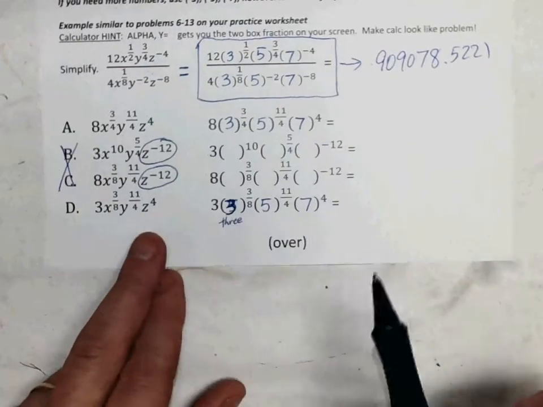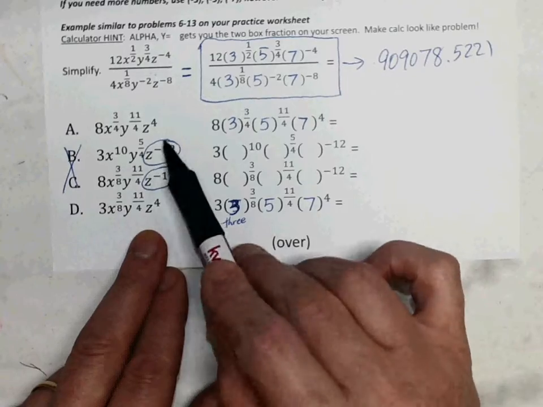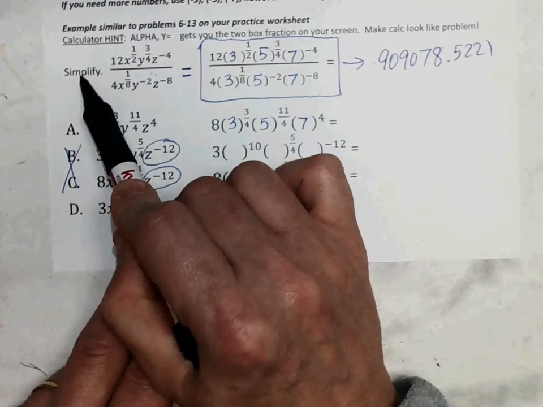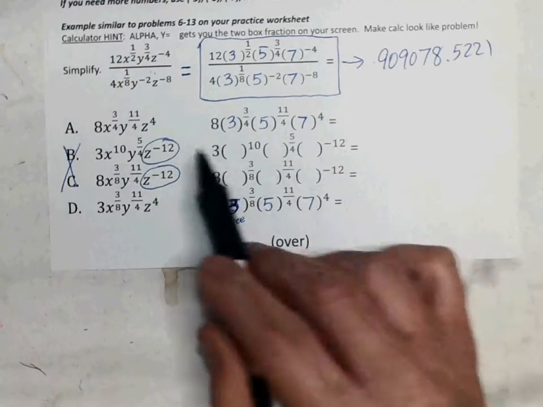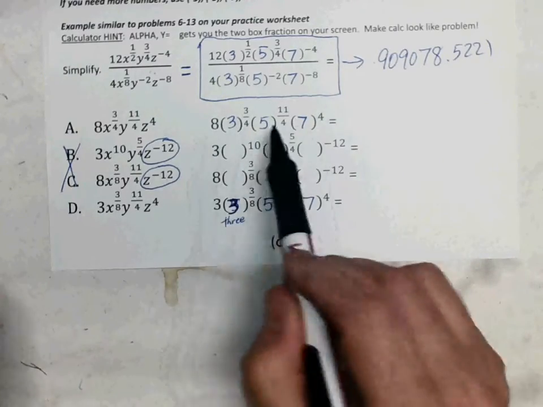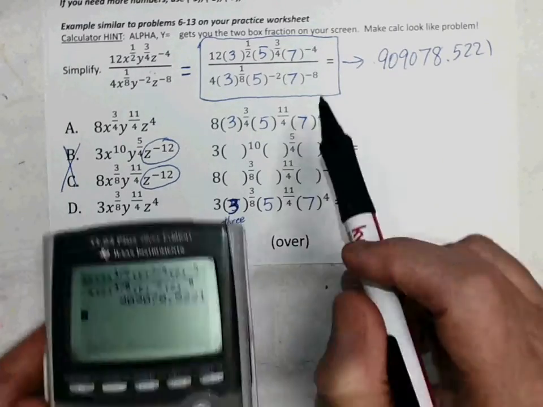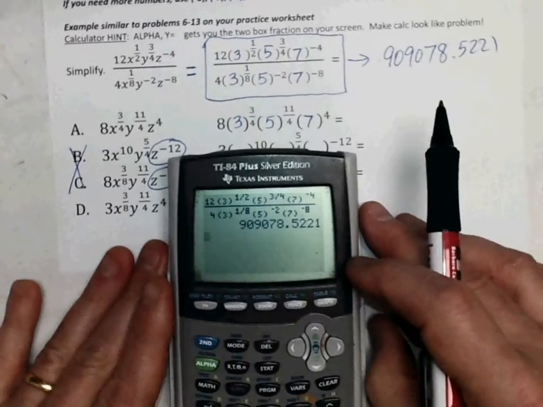But because I used Mr. Mahalik super hint, I know that these are not simplified, and that's what it tells us to do. All right, so now on this, we don't have to do the fraction. We can just type it just like we see it, okay?